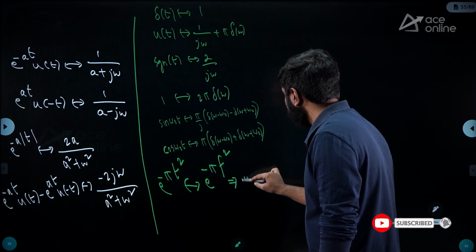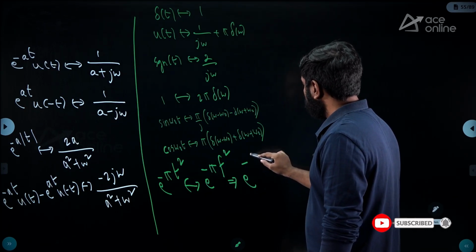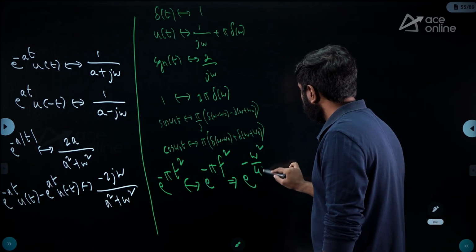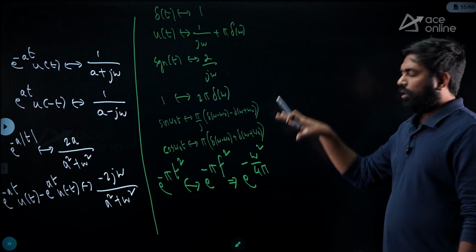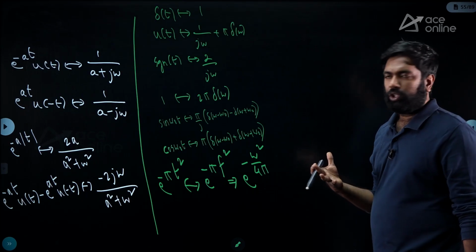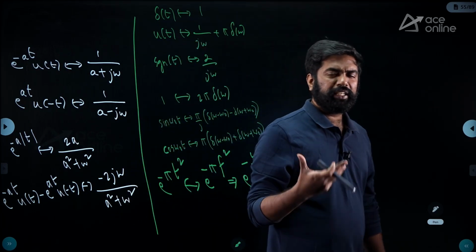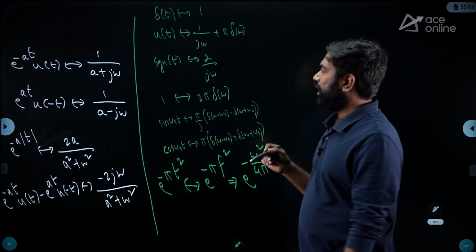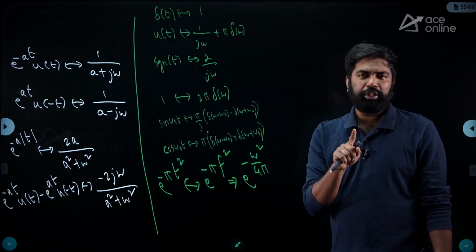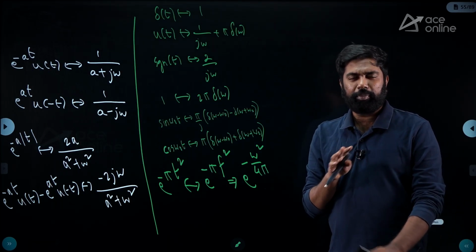So in omega, it's e power minus omega square by 4 pi. They might ask you questions on these standard transforms, and they might link them with the properties. Anything can be expected. But I can tell you, at least one question you will get from Fourier transforms, that is 100% guaranteed.